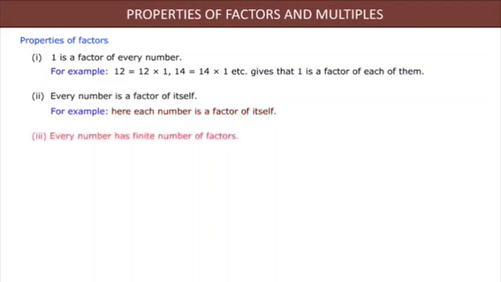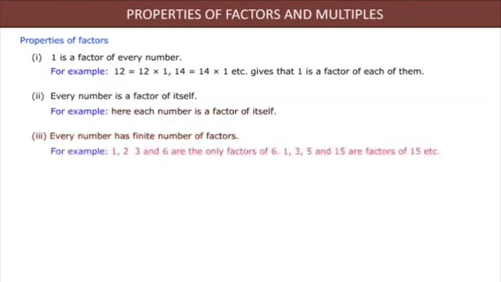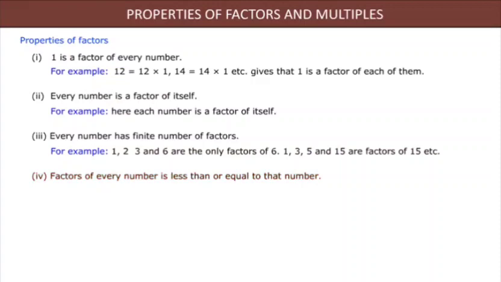Third, every number has a finite number of factors. For example, 1, 2, 3 and 6 are the only factors of 6. 1, 3, 5 and 15 are factors of 15, etc. Fourth one, a factor of every number is less than or equal to that number.